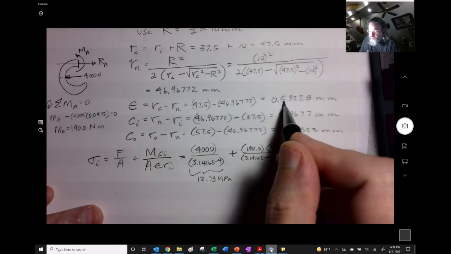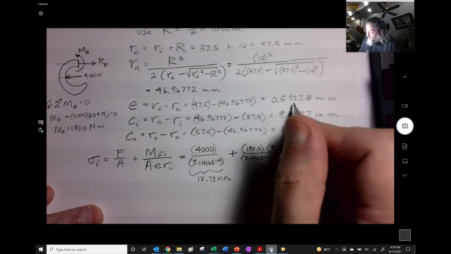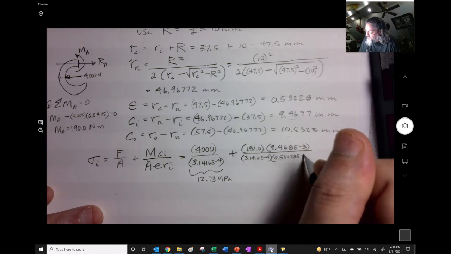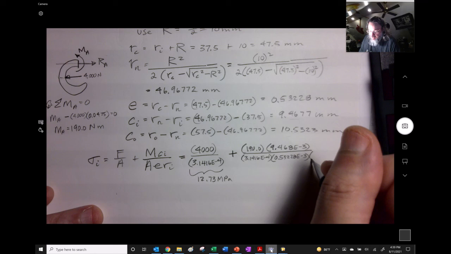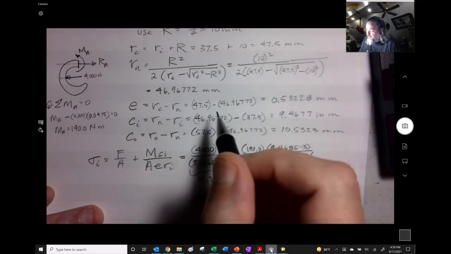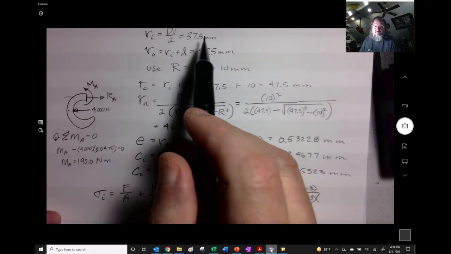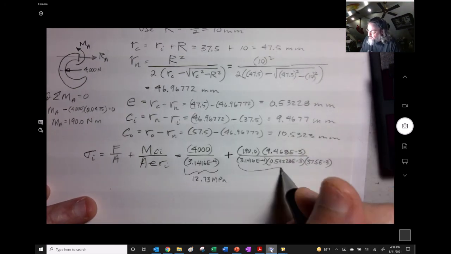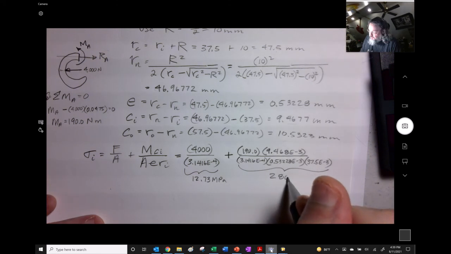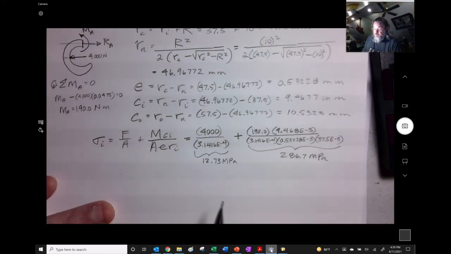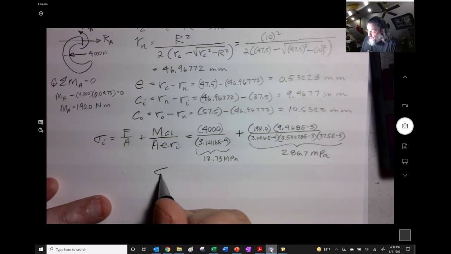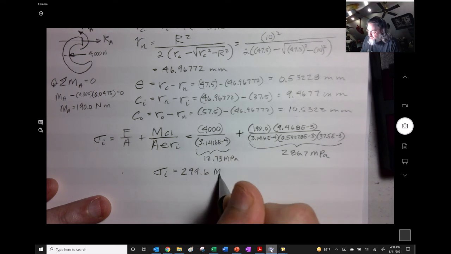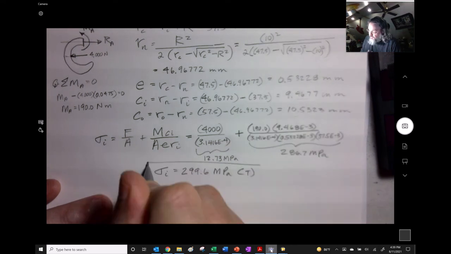E, instead of drawing a bunch of zeros in there, I'm going to write 0.53228 E minus 3. Look how I cheated. And then RI, which is somewhere at the top, is 37.5, so 37.5 E minus 3. I cheated there too. And this was 286.7 megapascals. So I can find my inner is going to be 299.6. Should just call it 300 in its intention. Boom.